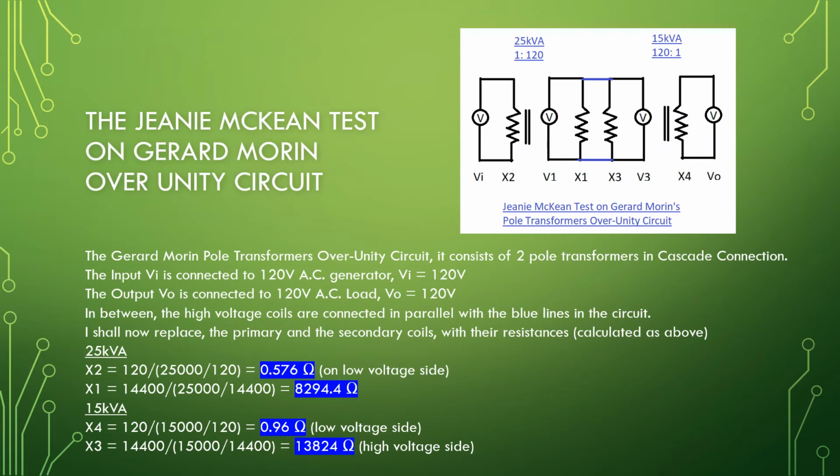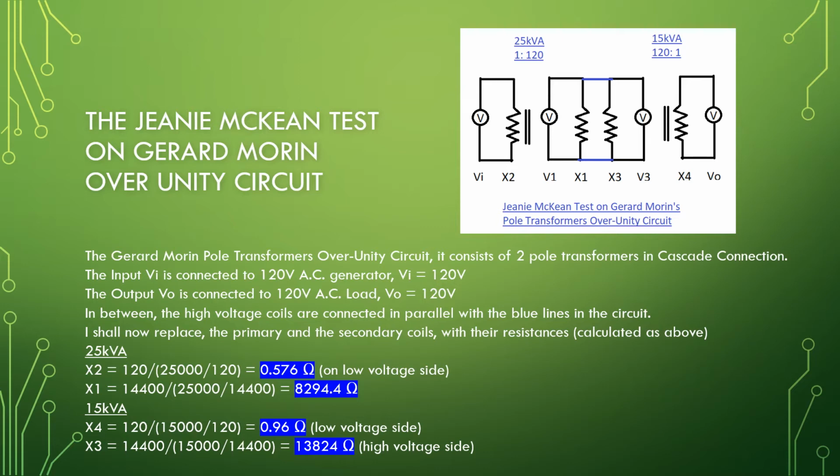The Gerard Morin pole transformers over-unity circuit. It consists of two pole transformers in cascade connection. The input Vi is connected to 120 volt AC generator. Vi equal to 120 volt.